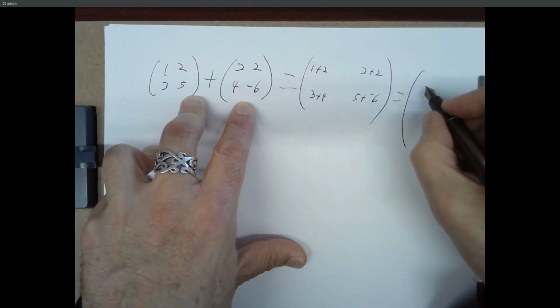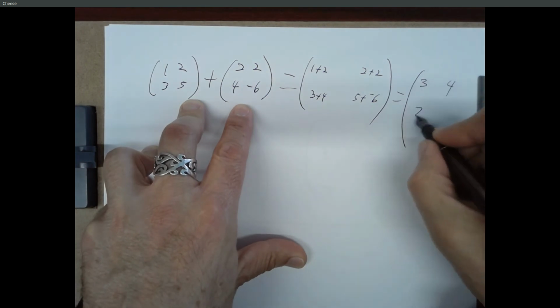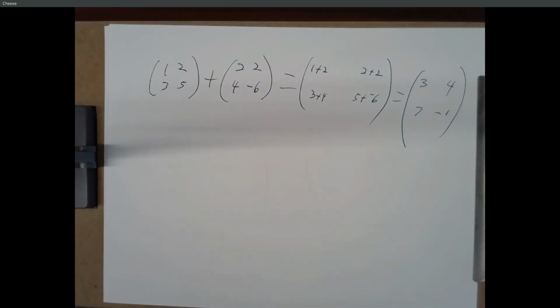That's 3, 4, 7, and negative 1. That's not too hard, a first guess of what you'd think of for addition. We can do subtraction the same way, just subtracting the elements.